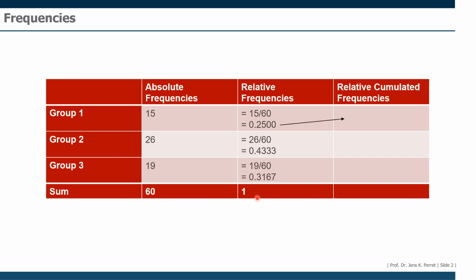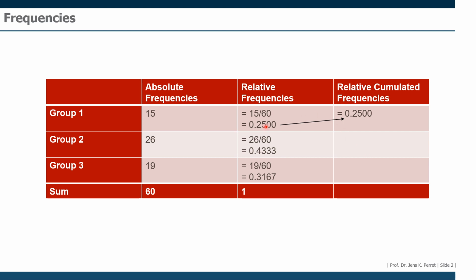Then, frequency tables quite often have this third column as well, the relative cumulated frequencies. That's all the relative frequencies added up until this certain group. So here I would add up all relative frequencies up to this group. We can see this in more detail.